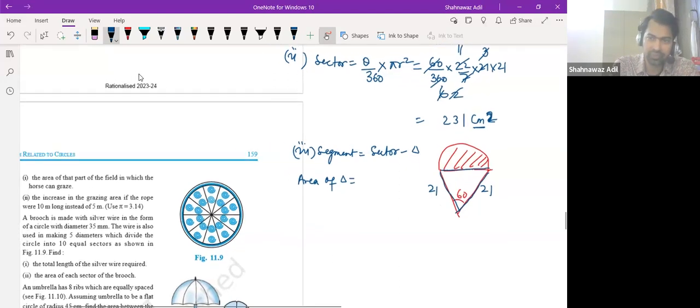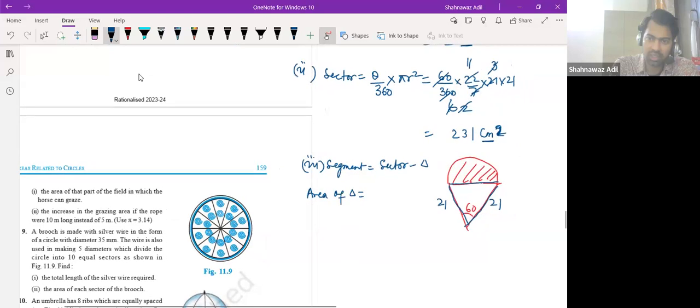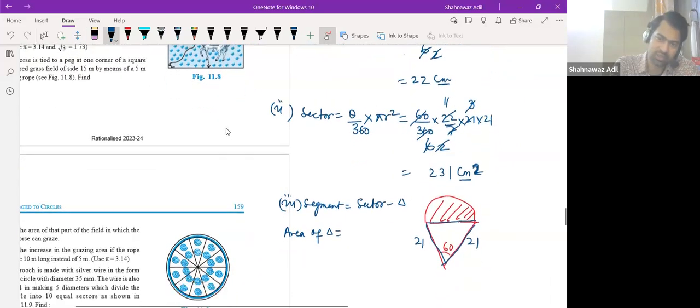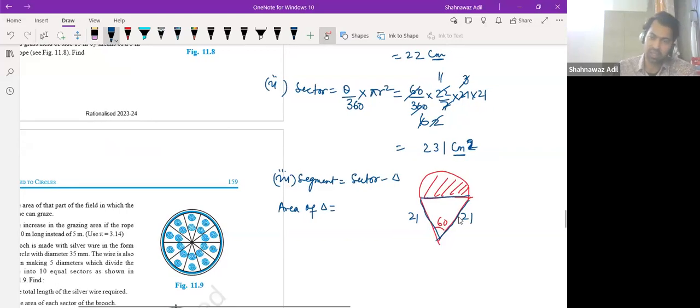Root 3 by 4 into side square. So is that an equilateral triangle? Oh, yes. Good. So this is 60, this is 21, this is 21. So that is good. Now, because this is 60 and this is isosceles, so this is x, x.